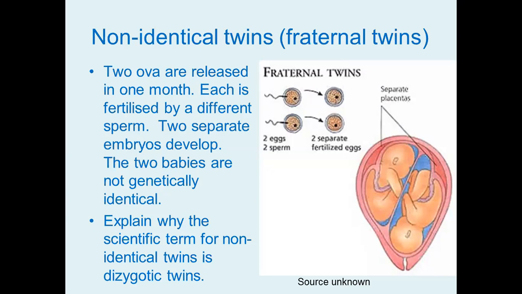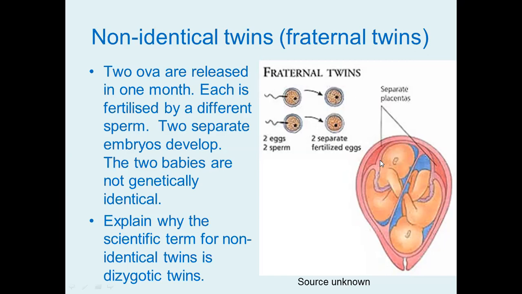Obviously, because they come from the same set of parents, they would be more similar genetically to each other than they are to, say, 2 people that are unrelated to them, but they're not genetically identical. Okay, so if you look at the drawing, you can see an egg cell and an egg cell, each fertilized by a separate sperm, 2 separate zygotes, each of them implant separately in the uterus.